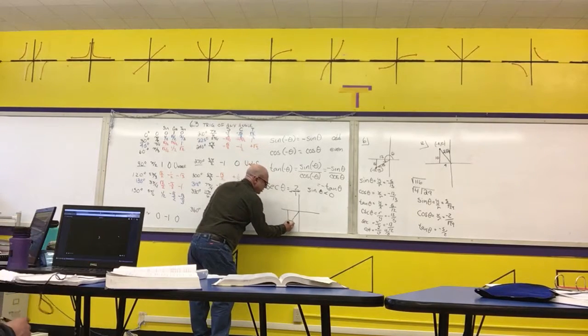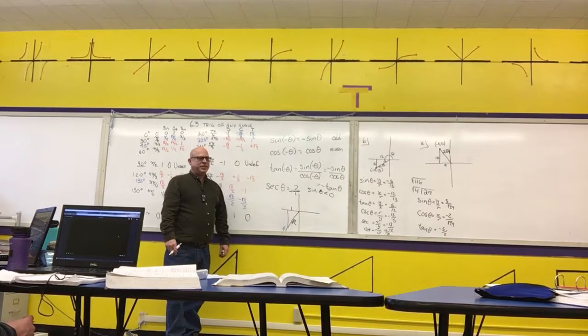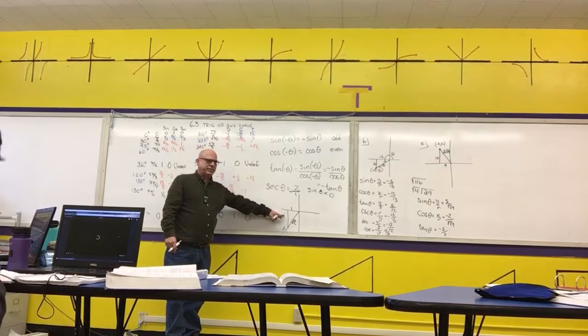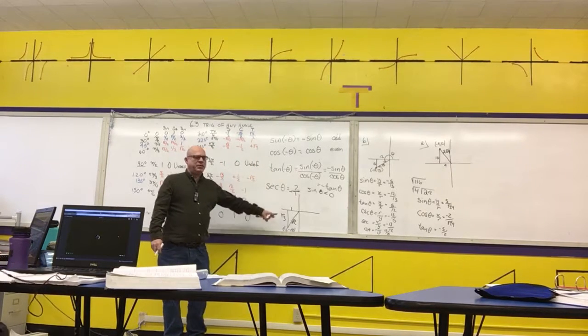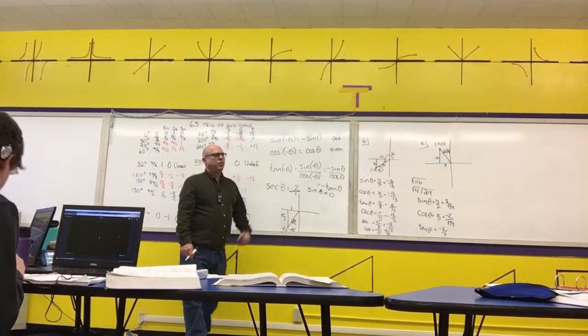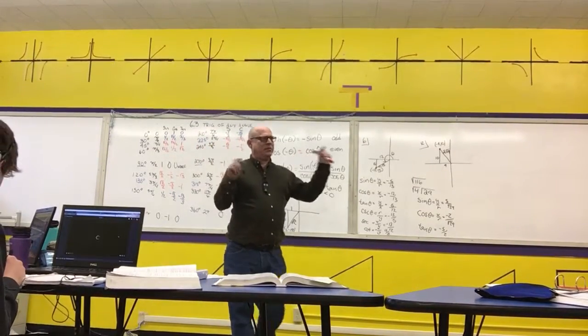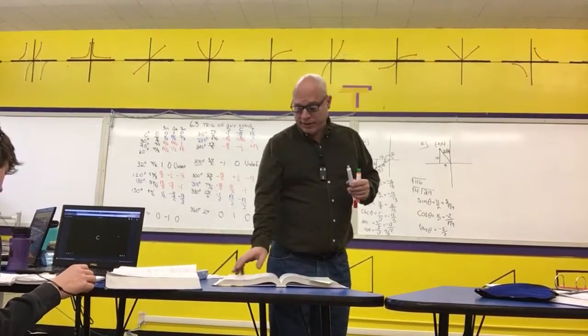My r is 2. This is 1. Those are the memorized sides of a 30, 60, 90 triangle. So what's this length? Square root of 3. So my y-coordinate would be -√3, and then I would use this fact to come up with the other trig functions. Any questions on using the facts from two different trig functions to come up with what quadrant you're in?